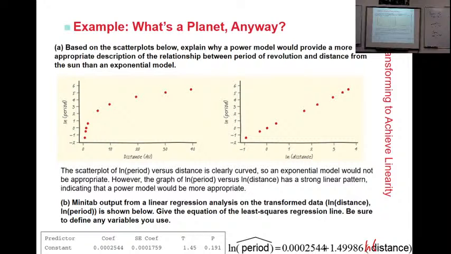And remember that our slope of the line tells us what power to use. So the 1.499 tells me that this is basically like an x to the 3/2 type of model.